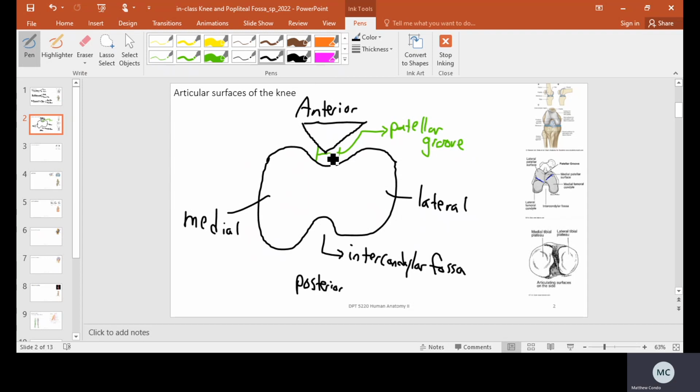You guys may go over this in biomechanics with Dr. Fox, but it becomes very important because the patella provides a really nice moment arm for my quadriceps tendon. And the reason that's important clinically is you may encounter a patient, and I have encountered this patient, where they don't have a patella.